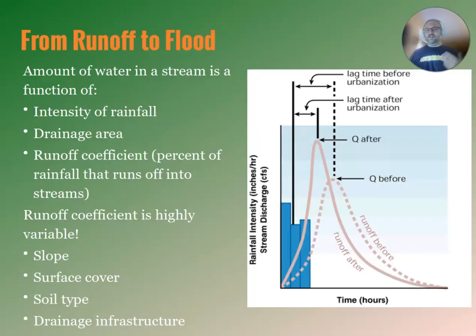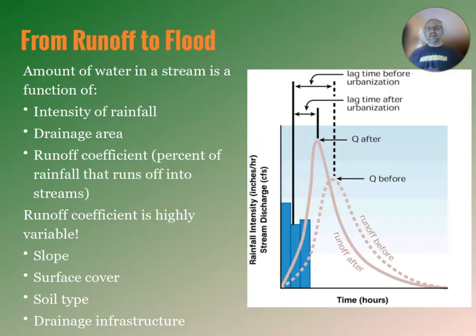go because once that water is running across pavement, there's basically nowhere else for it to go. It's got to run off, whereas water running across plant material and soil is going to partially soak in as it goes. So the peak of our stream is going to happen earlier, and it's going to be higher in an urbanized area than in a more natural area.